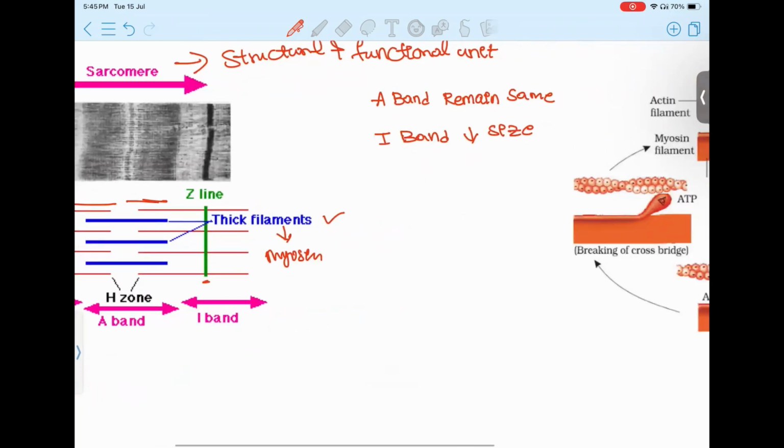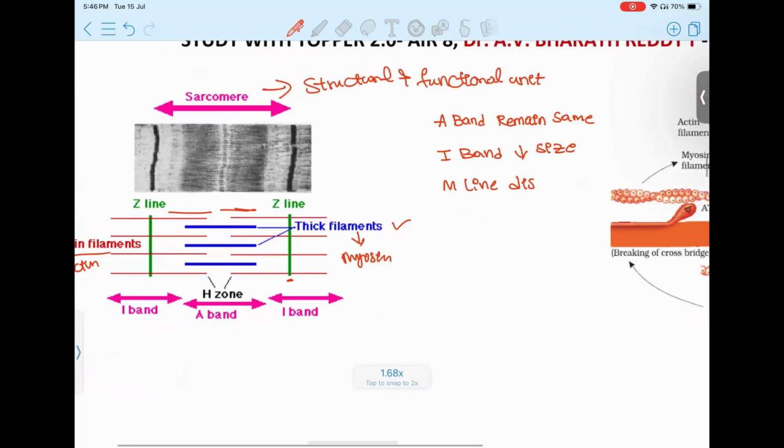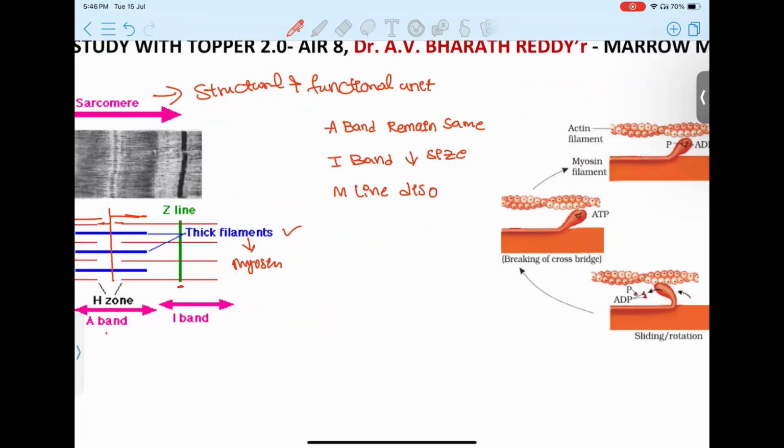And what about the M line? The M line is going to disappear. When both these lines come together, the M line will disappear. This is what the common changes will be seen in the structure of your muscle. So the A band will remain the same, the I band size will be decreased, and the M line will disappear.